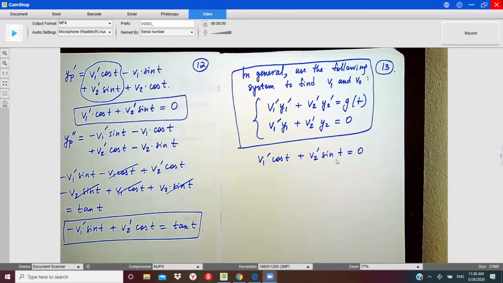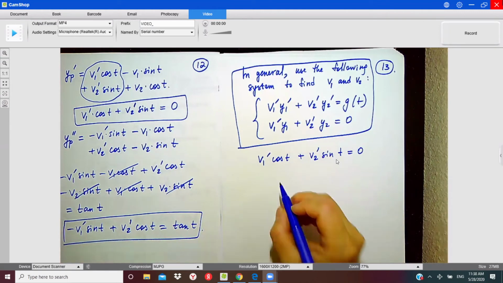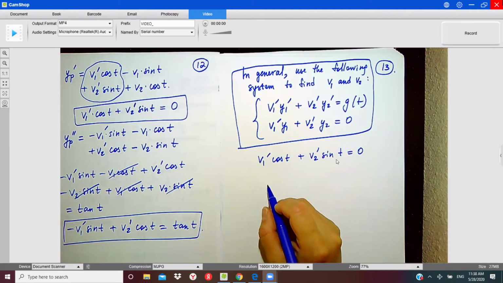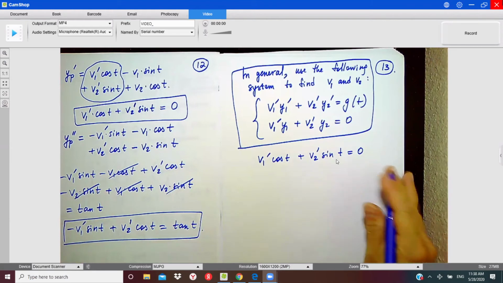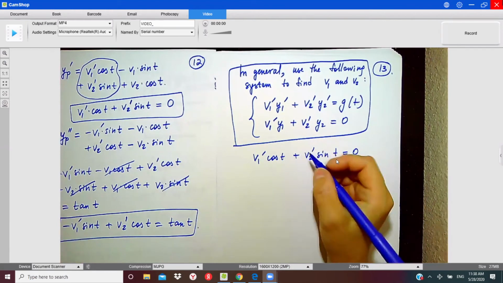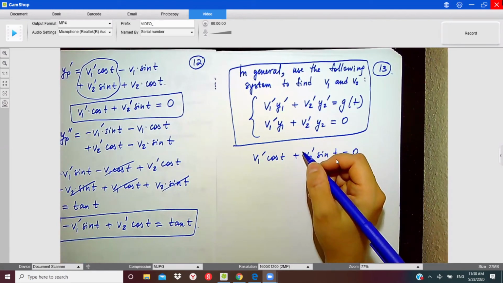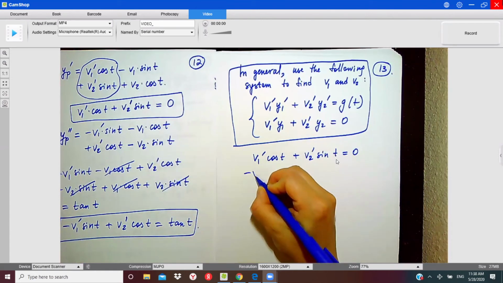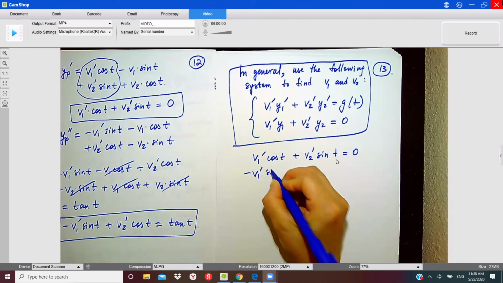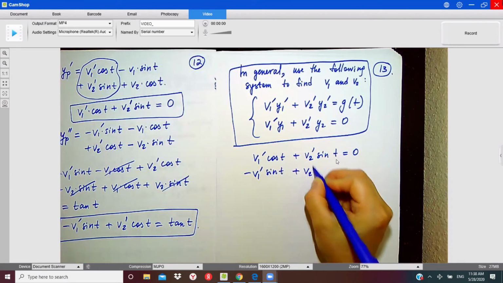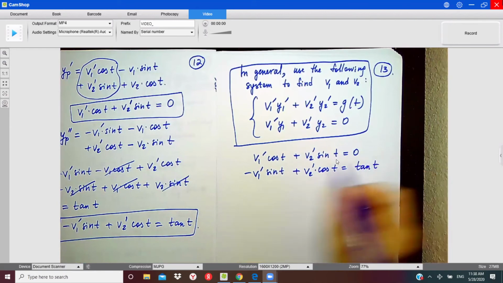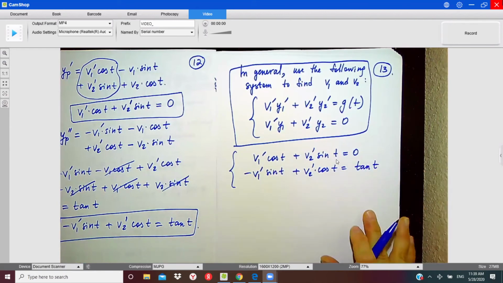So we can multiply both sides by sine of t. So if you do that, you will get, let me write them down one underneath the other. So minus v sub 1 prime sine of t plus v sub 2 prime cosine of t equals tangent of t. So this is the system that we need to solve now.